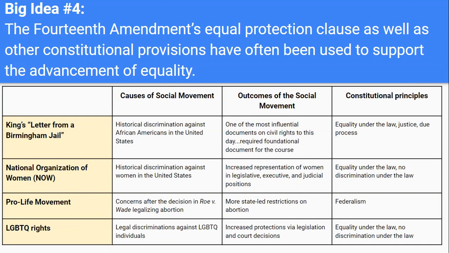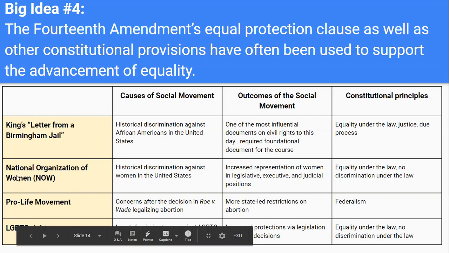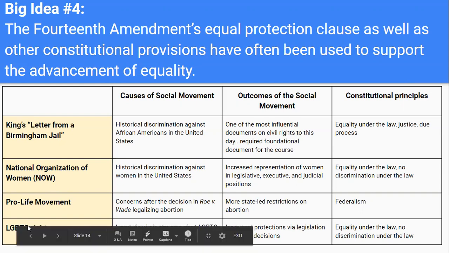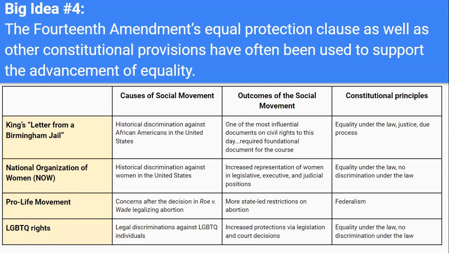And then you have some of the other historical movements: the National Organization for Women, using the 14th Amendment for equal protection, pro-life movements, the LGBTQ movement. That was a big one. That was just a few years ago. Obergefell versus Hodges, a non-required Supreme Court case, but they used the Equal Protection Clause and the Due Process Clause to strike down the state laws banning same-sex marriage.